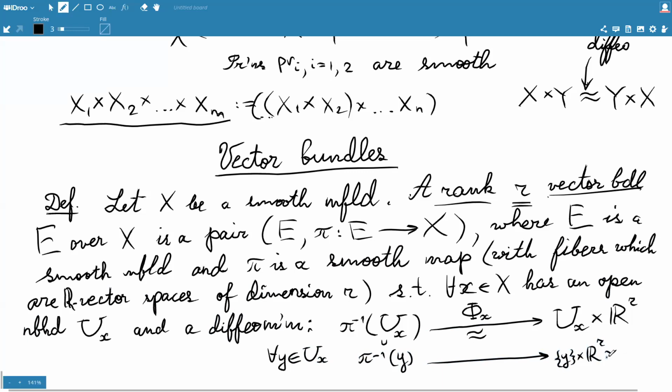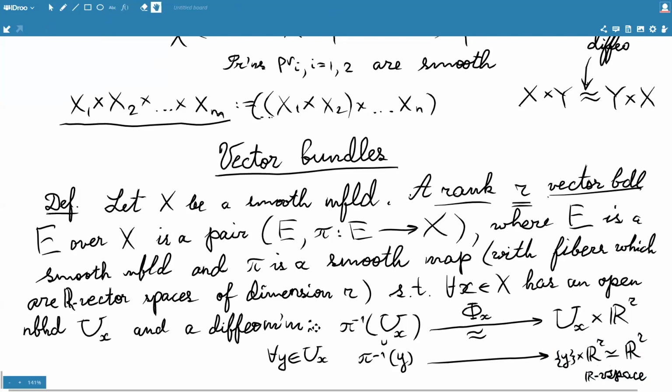So this is the same as just an r-dimensional vector space. So this is an R vector space, shortly, a vector space of dimension small r.